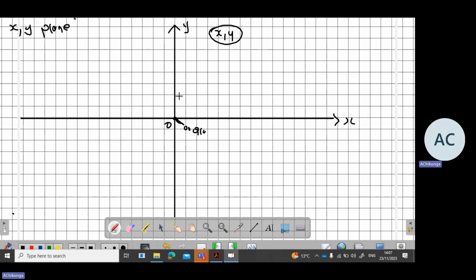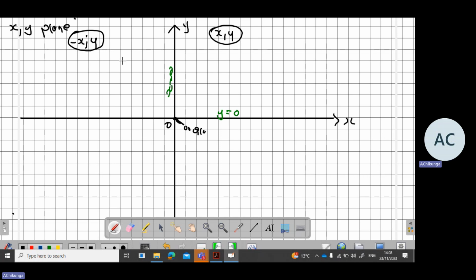Because take note, this line is called X is 0, and this line is called Y is 0. Here we have got minus X and Y. In other words, the values of X from the origin to the left are negative and Y is positive.